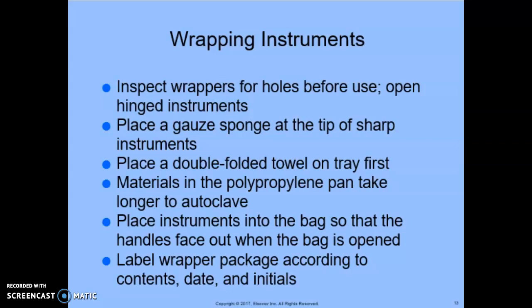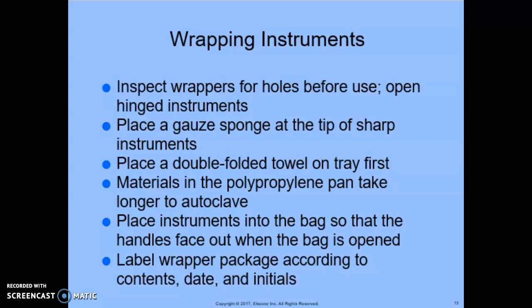Materials in the polypropylene can take longer to autoclave, so it's important that you use the correct settings. Place instruments into the bag so that the handle faces out when the bag is open. That's very important because the bag is opened with the peel down, and you do not want the sharp objects on that side because obviously when you go to drop, you could injure yourself.